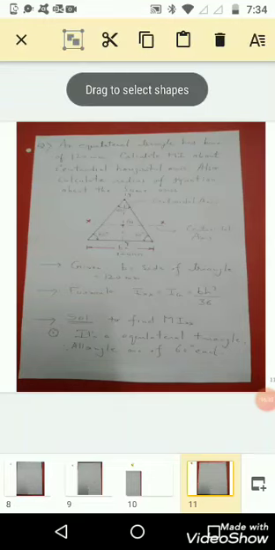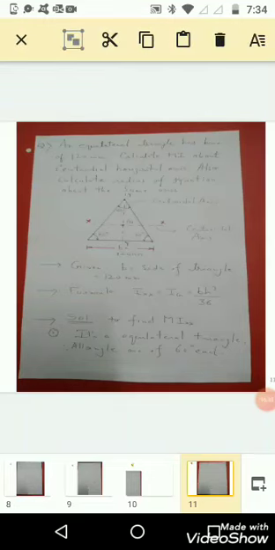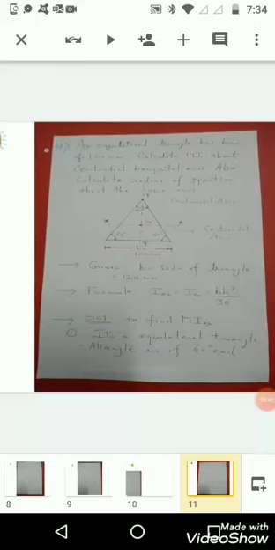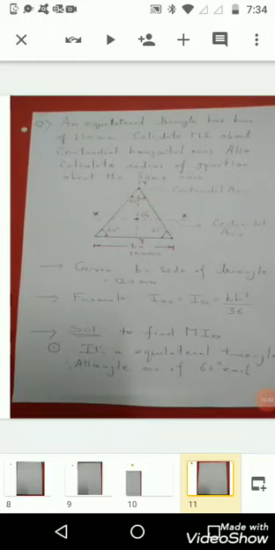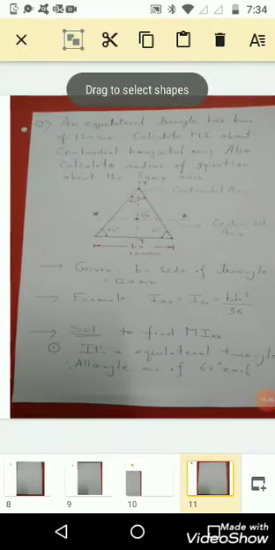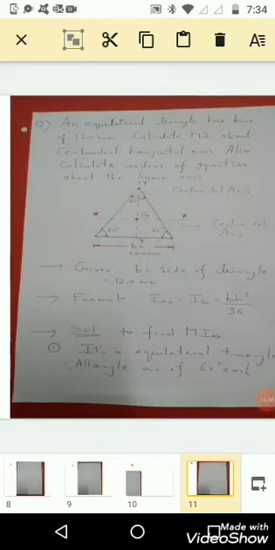Now here is a problem. We have an equilateral triangle with a base of 120 mm. Calculate the MI about the centroidal horizontal axis. Also calculate the radius of gyration about the same axis.